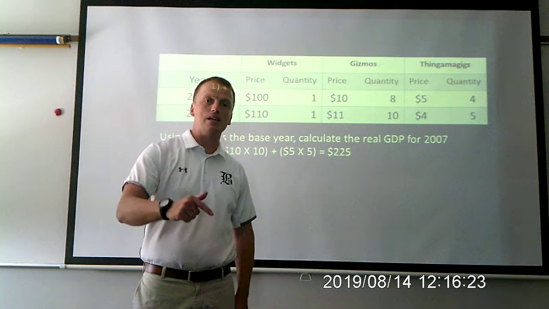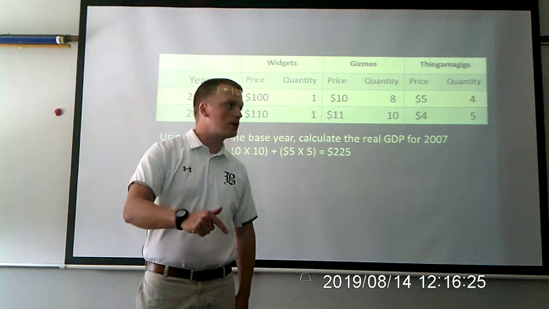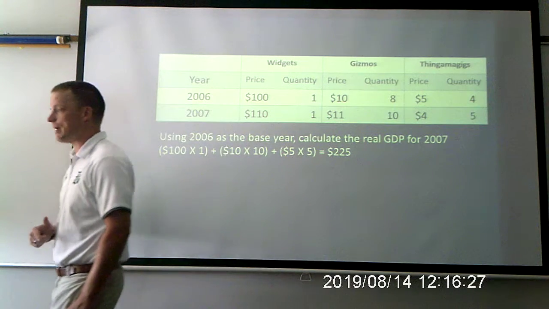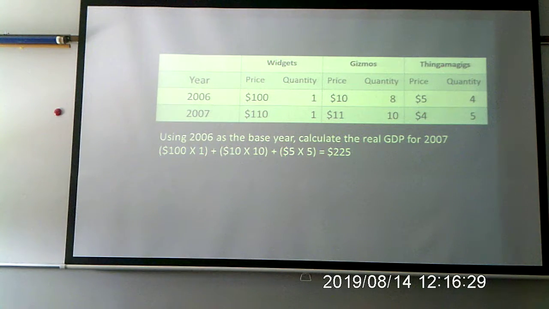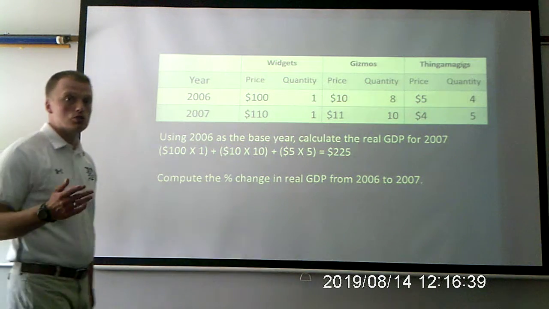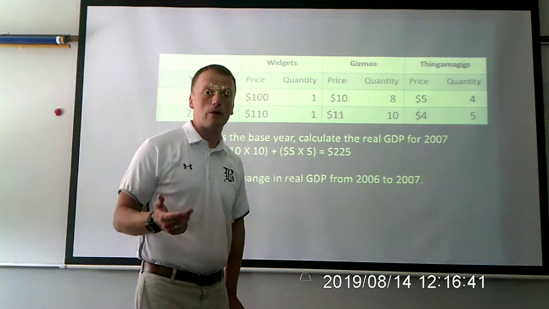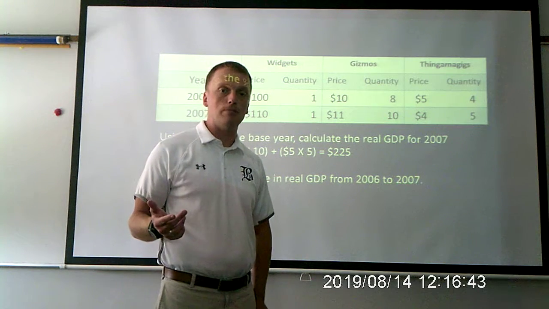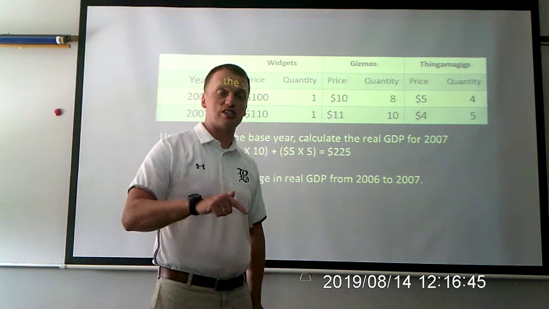Remember, base year real GDP is always going to be the same as nominal GDP in the given year. Compute the percentage change in real GDP from 2006 to 2007. Again, I'll pause for a second. Do the work. It's going to be the same way we did the nominal GDP percentage change a second ago.